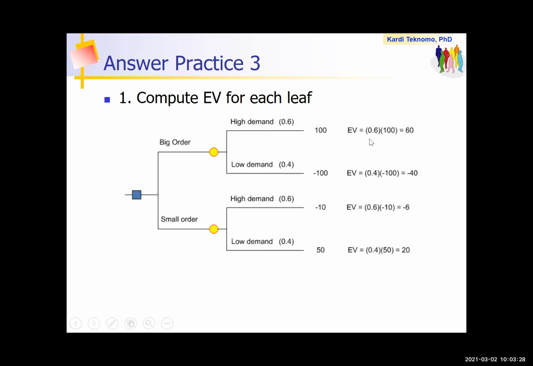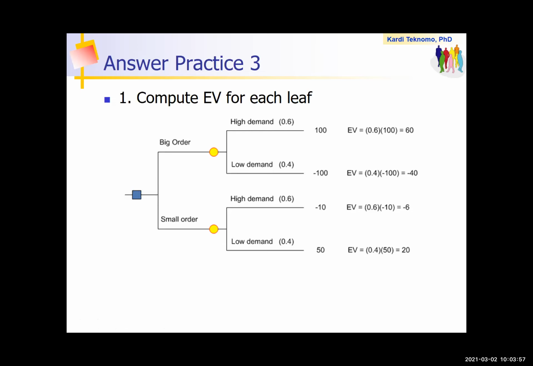So you calculate 0.6 times 100, you get 60. The same thing with big order, low demand, small order, high demand, and small order, low demand. You compute the EV for the leaf. So you get 60, minus 40, minus 6, and 20. Until here, is there any question? I think it's clear, right? You just multiply the probability and the payoff.